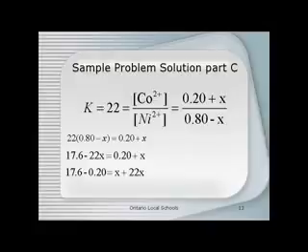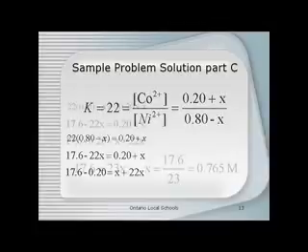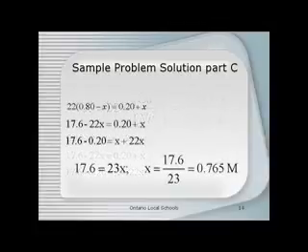This is our never-ending goal to get the X's on one side of the equation and our non-X terms on the other side of the equation. Since 17.6 is equal to 23X, X is equal to 17.6 divided by 23, which gives our X value to be 0.765 moles per liter.